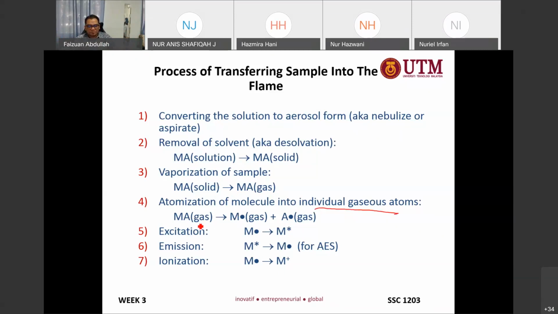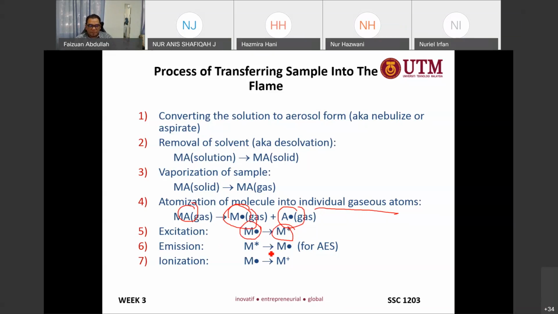Here, at the first stage we have a molecule, and then it will atomize. It becomes a single atom. The atom itself will be excited: the electron will be excited from the ground state to the excited state.